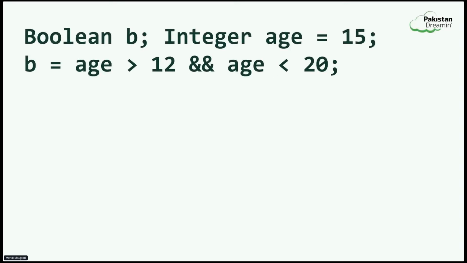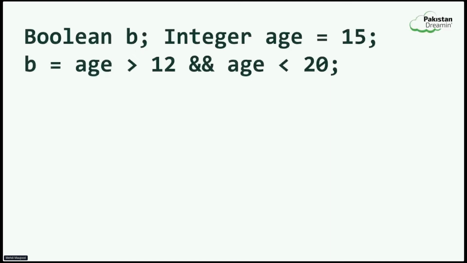So I'm going to give you an example of hand tracing code. This is a problem that I have on the website apexsandbox.io. Look at this code. It declares a Boolean variable b, then it declares an integer, age equal to 15. So at this point, b is empty. There's a variable called age, which has the value 15.